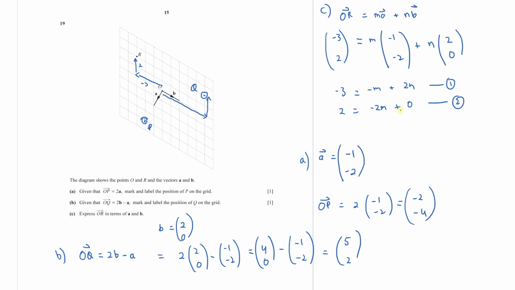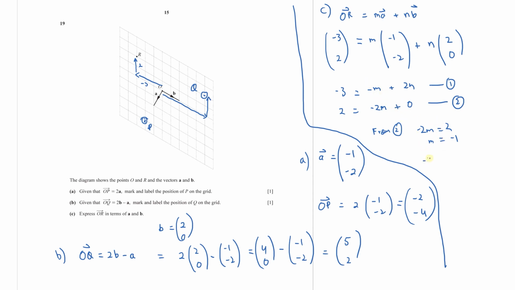From the second equation, 2 is equal to -2m, I can calculate the value of m. So -2m equals 2, and then m equals -1. So my m is -1. And then I can substitute the value of m in equation 1.